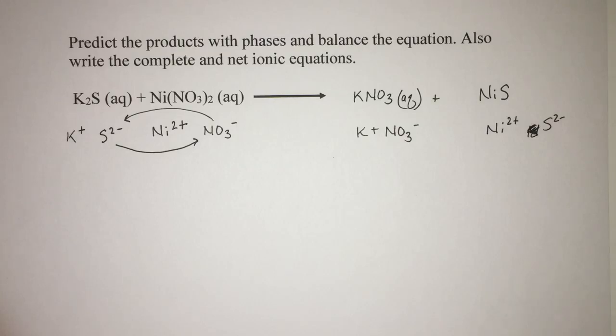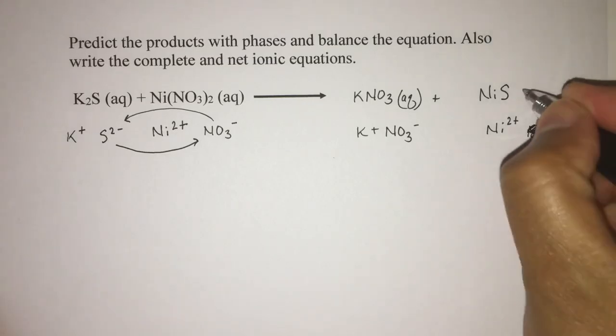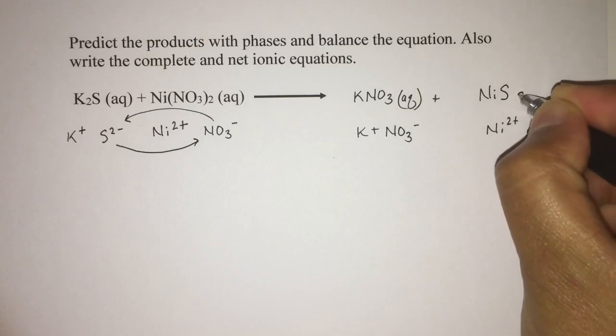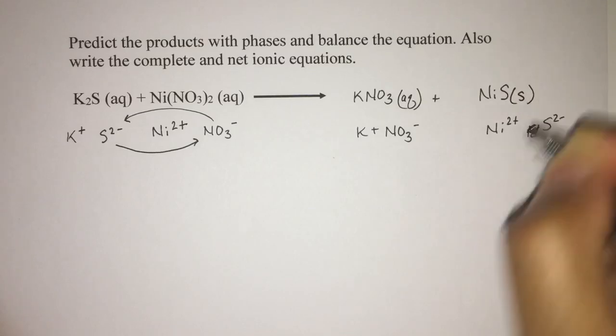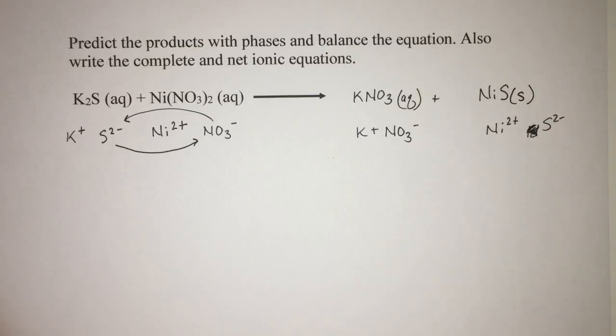And so sulfide is going to be insoluble when it's complexed with the nickel. So insoluble means it doesn't dissolve. So we're going to write an S to represent solid. Okay. At this point, we've written the products with the formulas and we've written the phases.